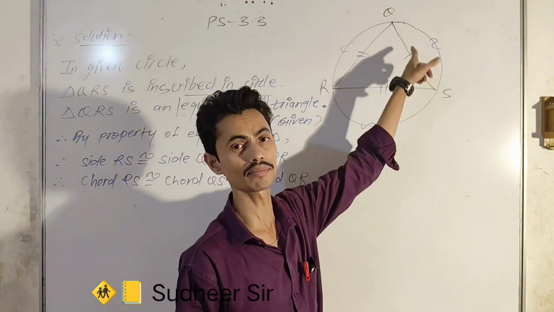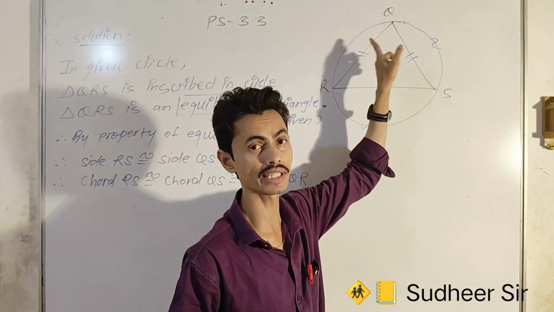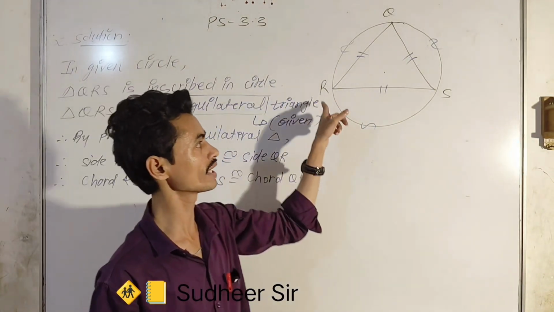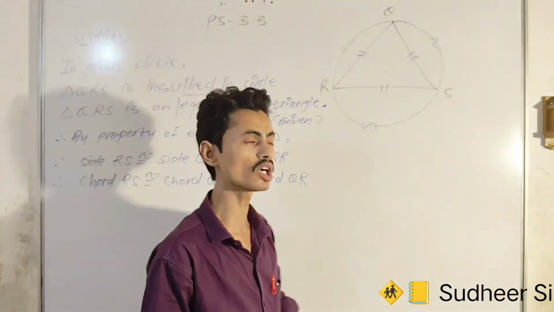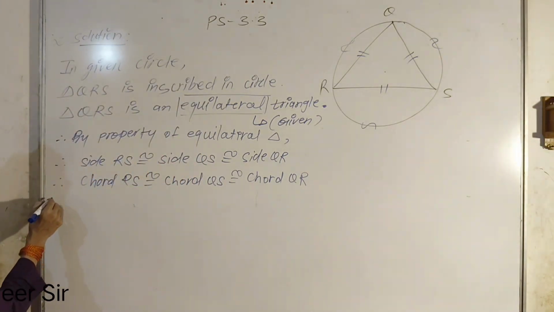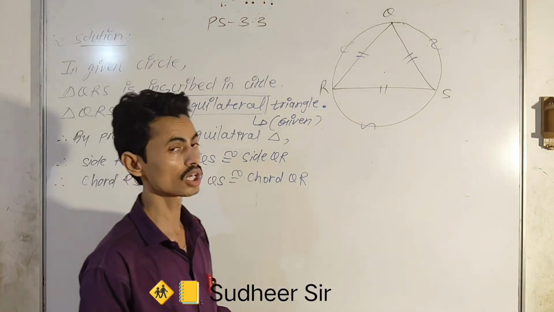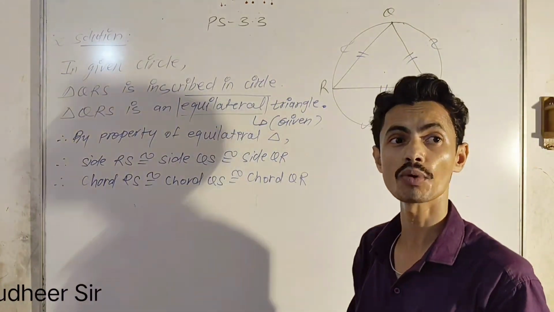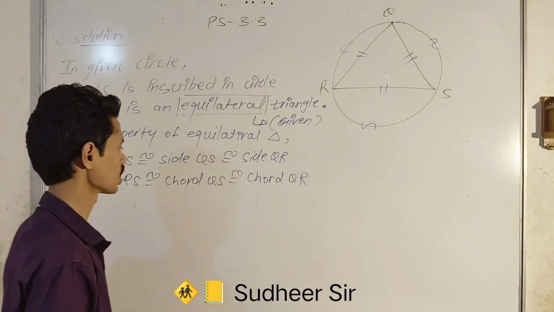So the sides were the same earlier, the sides of the triangle were the same, but now if you are talking about chords, then the chords of the circle will also be congruent. And as we know, if all chords are congruent, then the corresponding arcs will also be congruent.